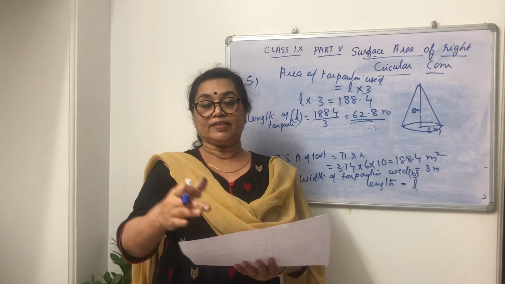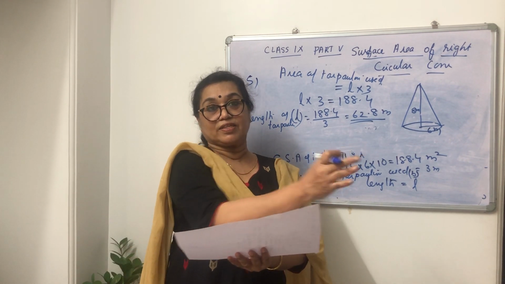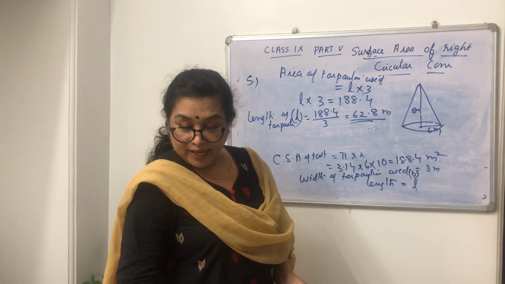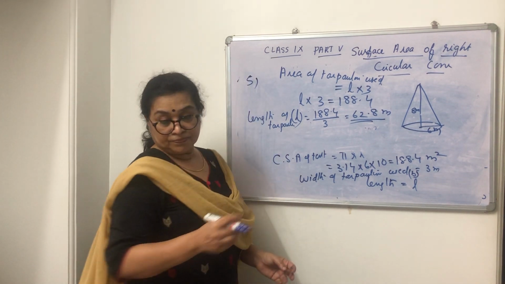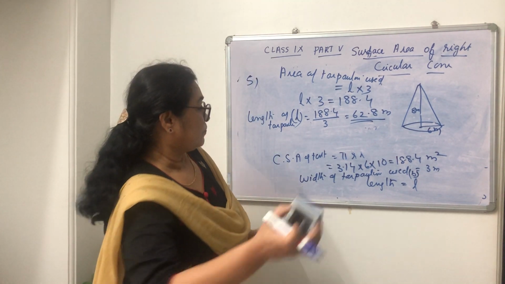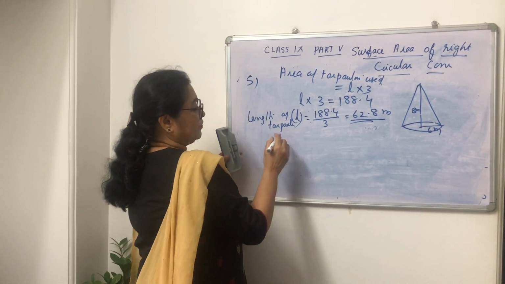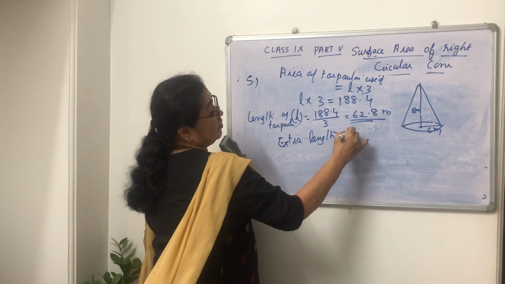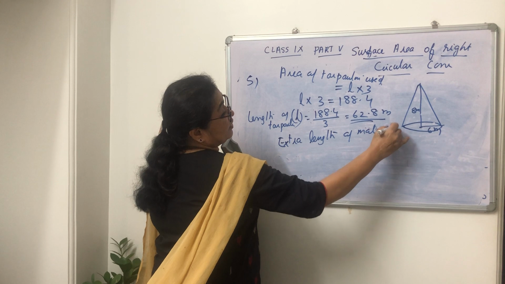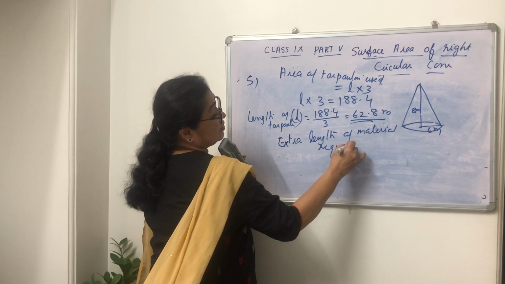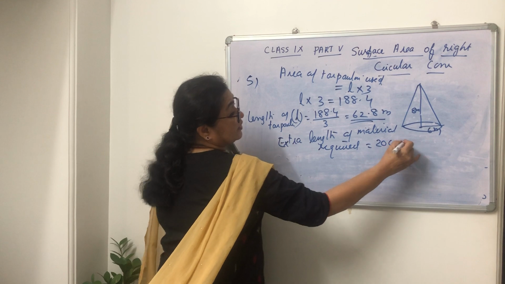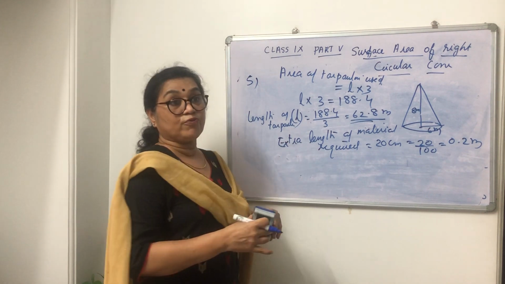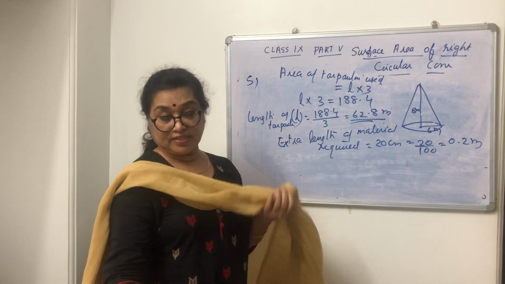Therefore you need to find out the extra length of the material required: 20 centimeter, that is 20 by 100 is 0.2 meter, for cutting and wastage.